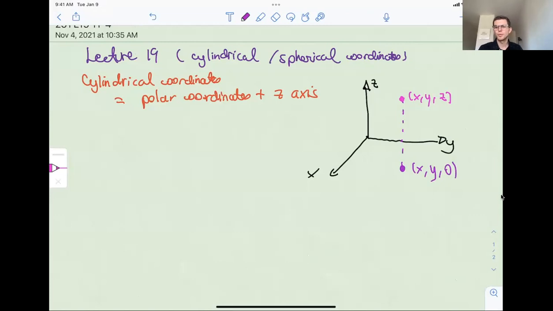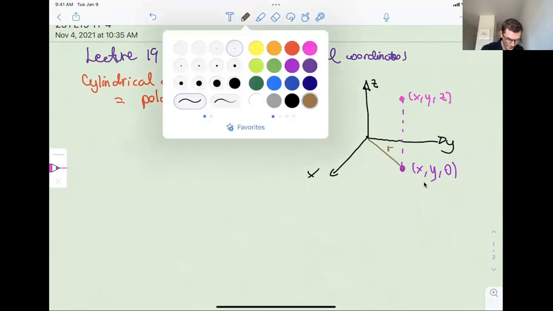Which is just essentially the point that you get by forgetting about the third coordinate. So to this point, since it's on the xy plane, you can apply the usual polar coordinate variables. There's this radius r, and then this angle theta.